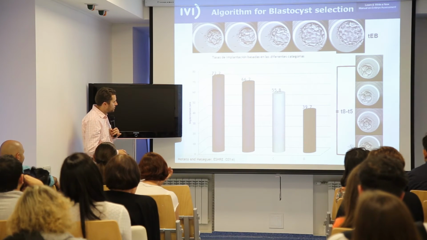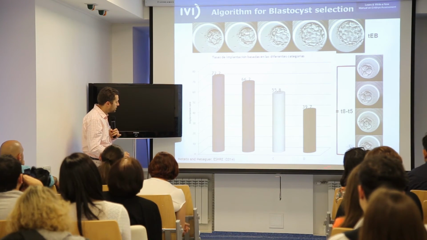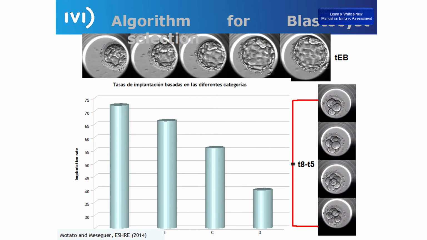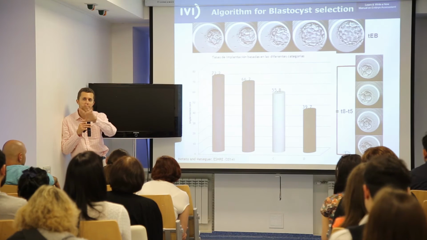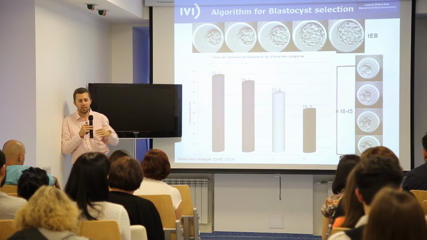That algorithm came with a selection of embryos with a grading from 72% to 39% for blastocyst selection. So it was a way of selecting blastocysts using time-lapse parameters related with implantation potential.